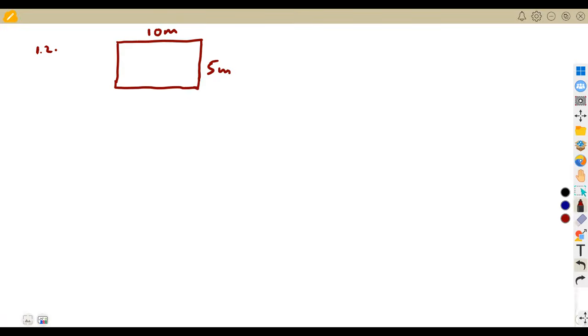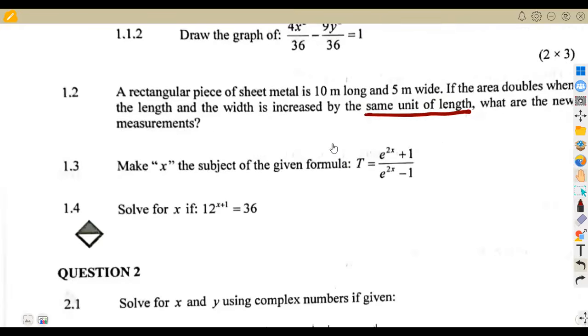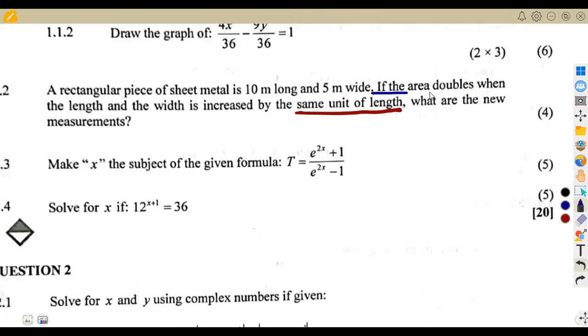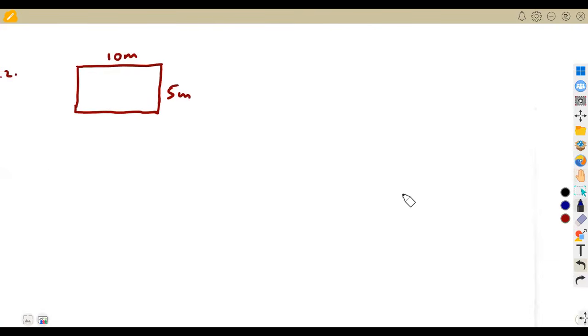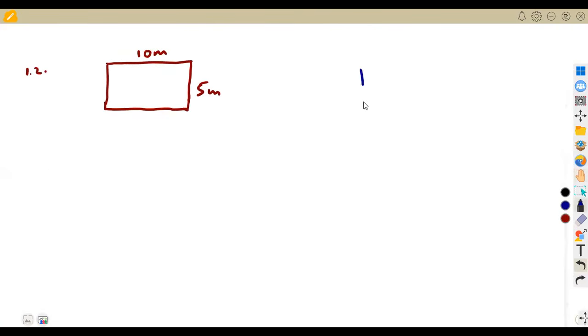Then they are saying that if the area doubles, which means the area is twice what was there. If we have a 2, double that, you multiply by 2. If you've got a 3, double that, you multiply by 2. So a double of anything is twice of that. So to double, it means we are going to have another rectangle.